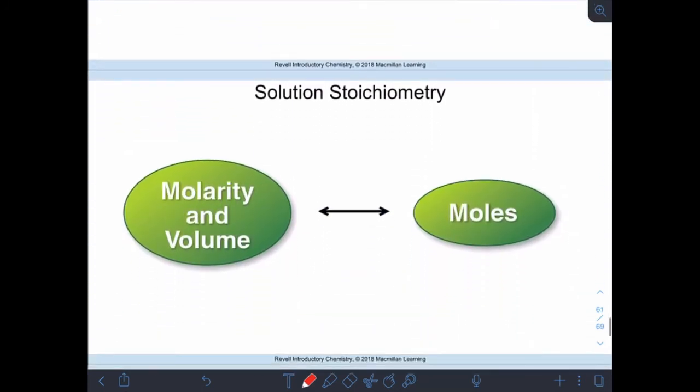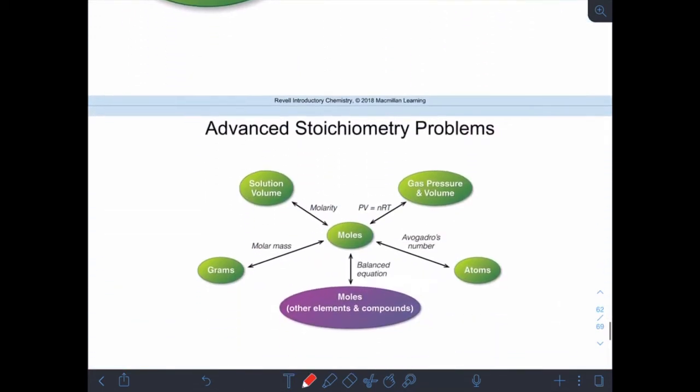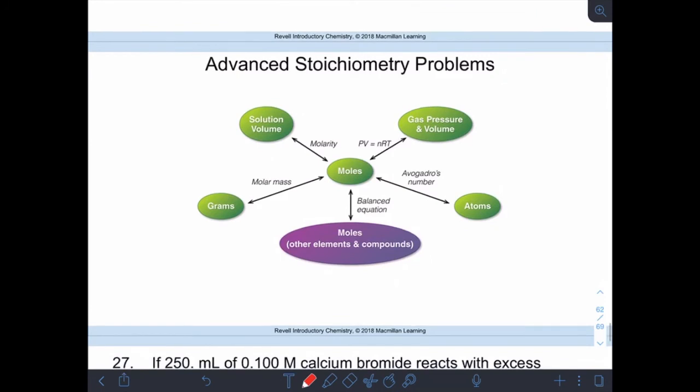All right. Solution stoichiometry. Okay, so you already know all kinds of ways to convert various things into moles. Looking at the various types of things that we know how to do, one of the first things that we did was from atoms to moles, and then the next thing was grams to moles, and then most recently we went from gas laws to moles.